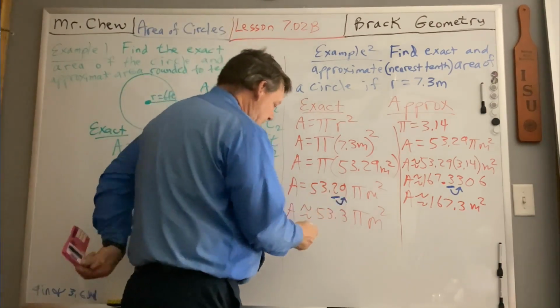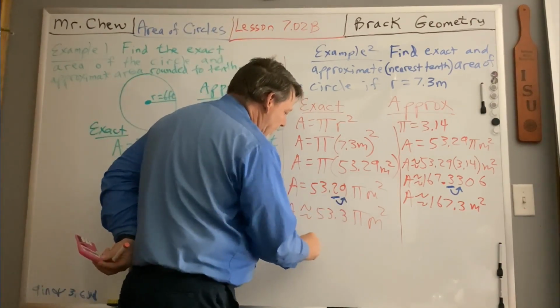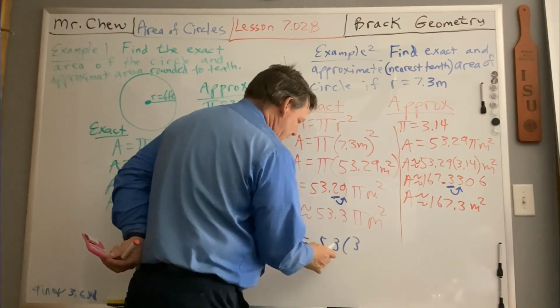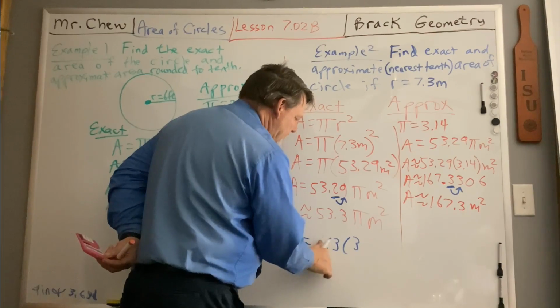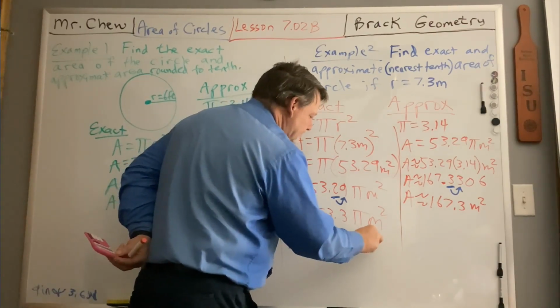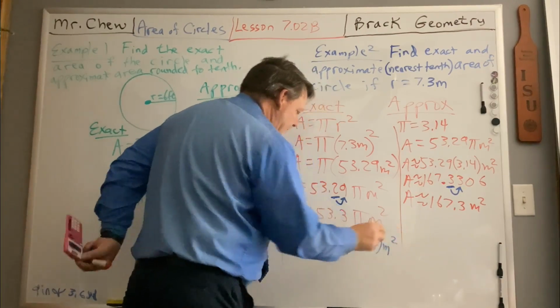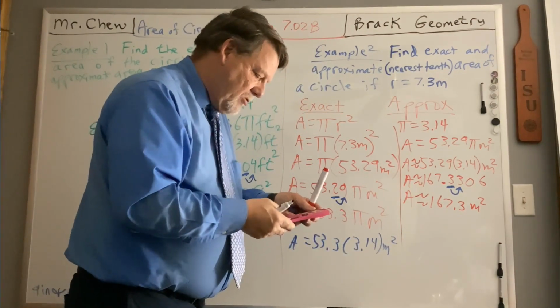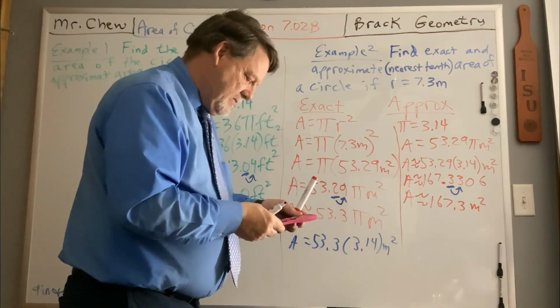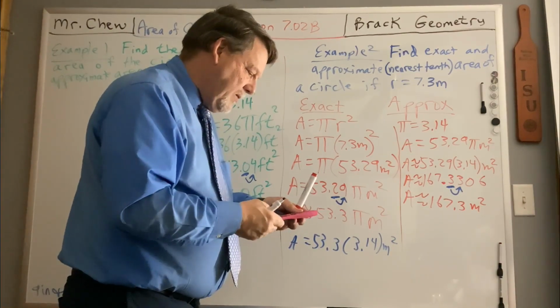Now what would happen if we would have used this value right here instead? So it ends up being, for the approximate, 53.3 times 3.14 meters squared. So now let's see how close it is to the rounding, and it will probably be the same.